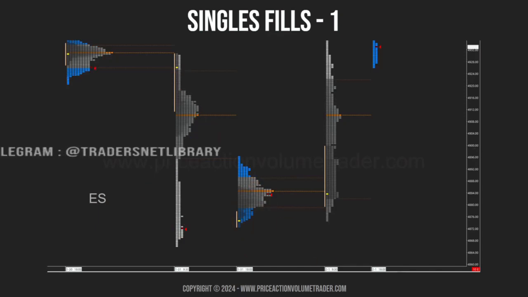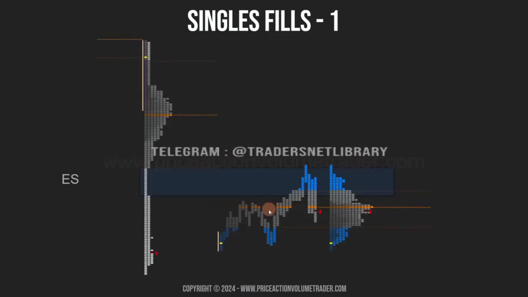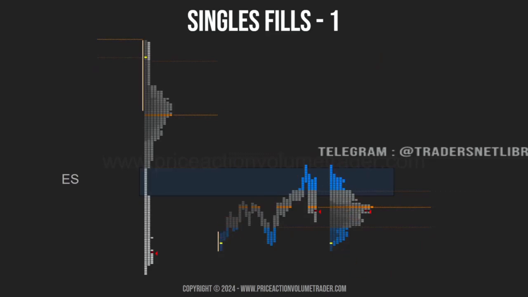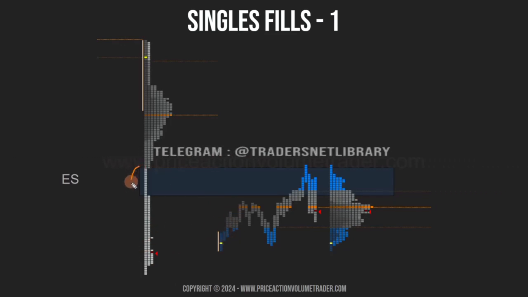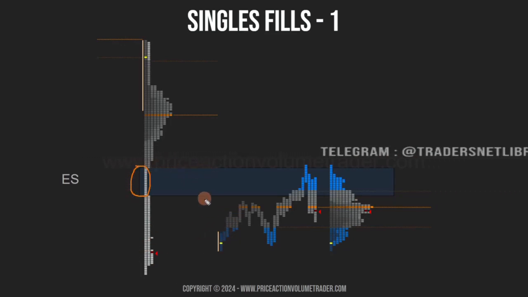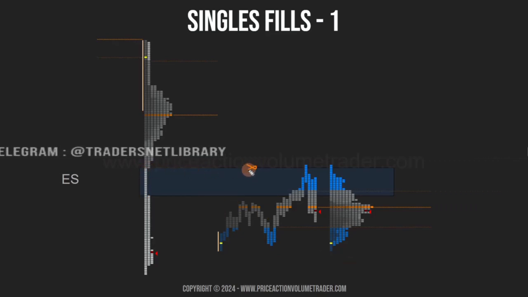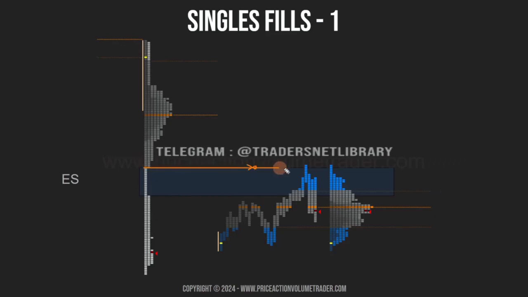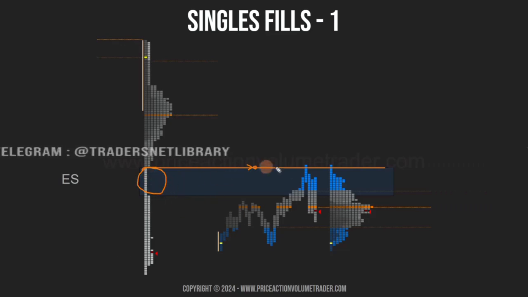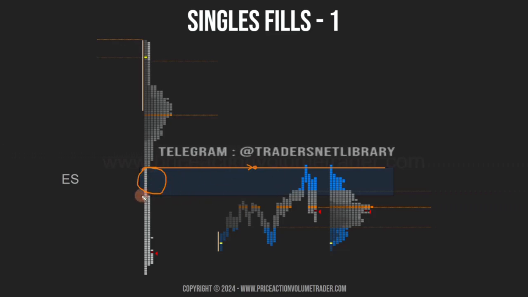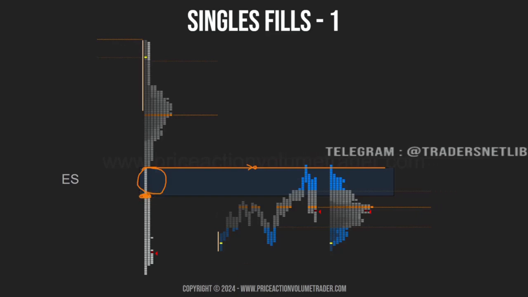And then we can see here, if I split this up, we now have that overnight session split up, and you can see how we open. I marked off the singles here, and you can do this too. I like to be aware not just of the fills for the singles, which will be this line right here, but I like to mark the entire area of singles, because I know that this entire area was a pretty weak structure.